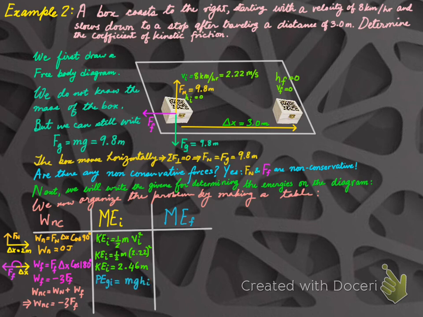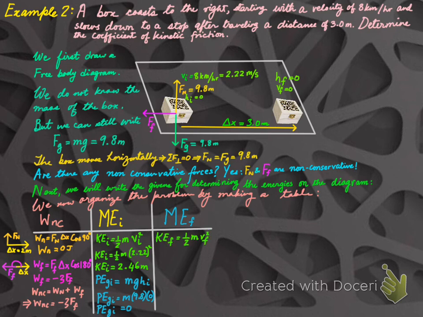We next do the gravitational potential energy. There are no springs in this problem, so there is no spring potential energy. The gravitational potential energy equals the mass times the acceleration due to gravity times the initial height, which is 0. So initial gravitational potential energy is 0.